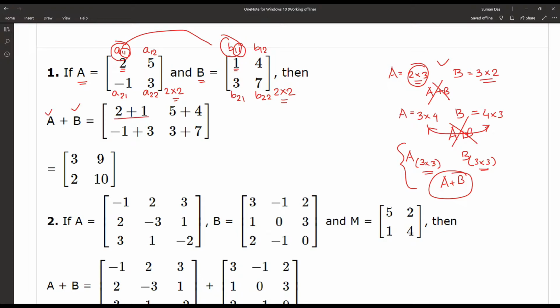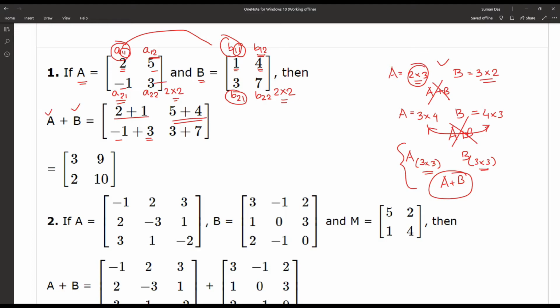Now for the second one, that is A12, we can add the element in the same position in B, that is B12. That means 5 plus 4. Then minus 1, whose position is A21, and here that is B21. So it is minus 1 plus 3.